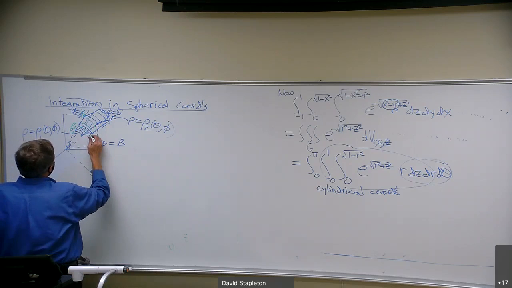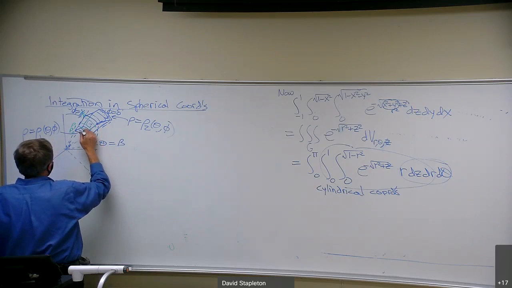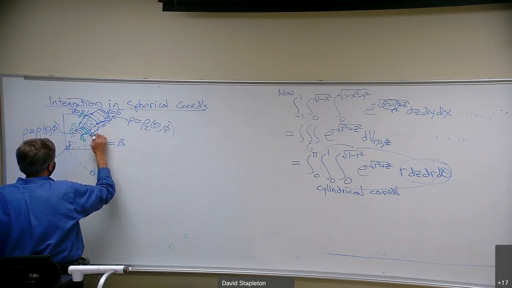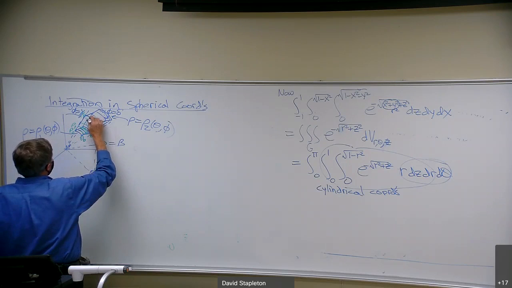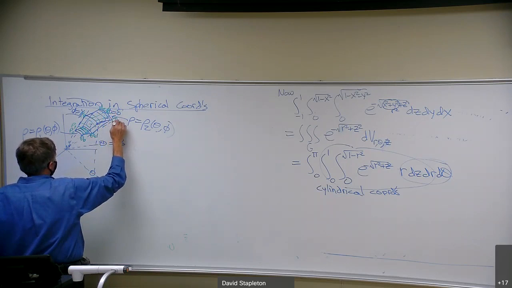And then I have incremented theta, and so I partition it in angles theta, theta 0 to theta k or something. And then I partition phi in this direction, phi 0, phi 1 down to phi j or something.